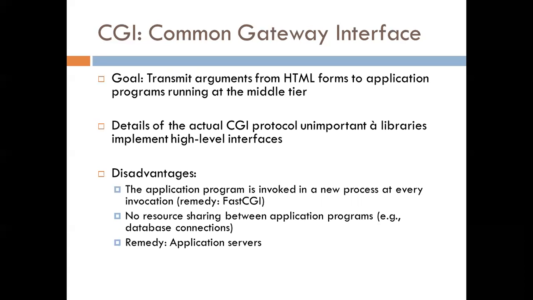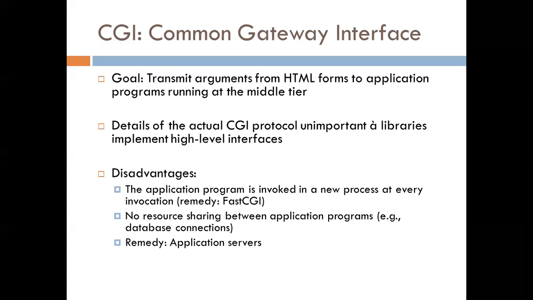Once the user ID and password are entered, we click on the login button. When the button is clicked, automatically the arguments from the HTML form are taken. In this example, the username and the password are taken from the HTML form, and those two details will be passed on to the program that is running at the middle tier.